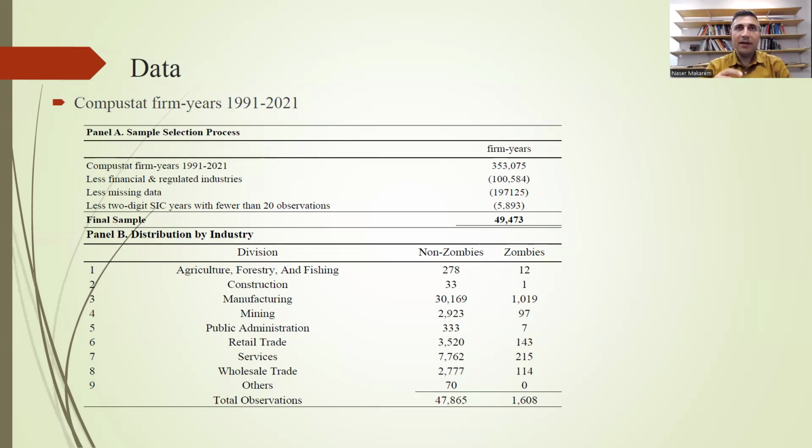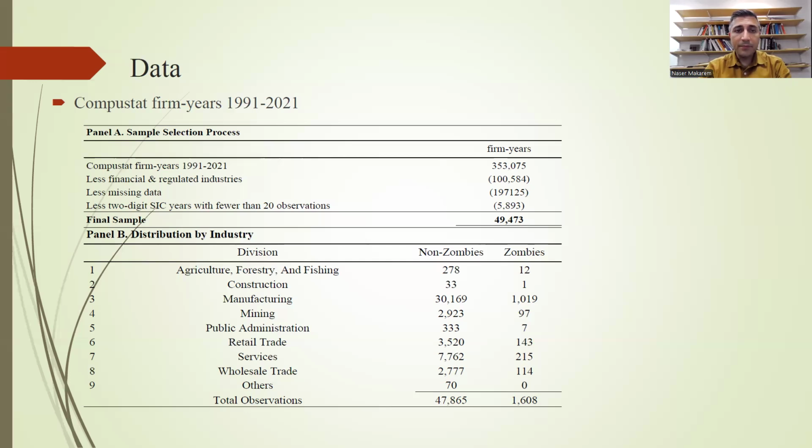For example, we grouped firm years by year and industry. So if there are not enough observations in each industry year, then we have to remove the whole batch. That's one reason for missing data, and also, of course, in every data set, there is some missing data that needs to be removed from the sample.